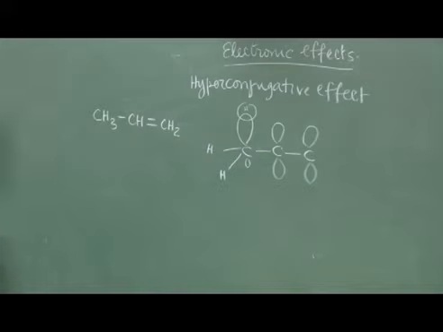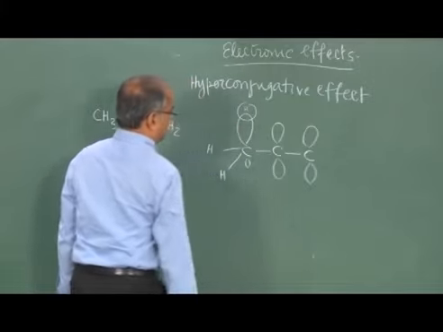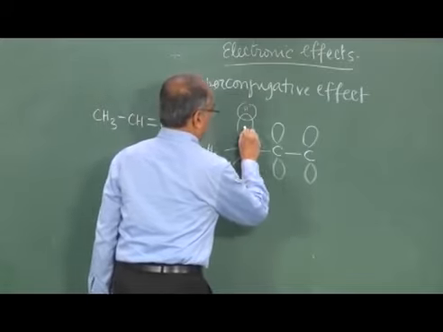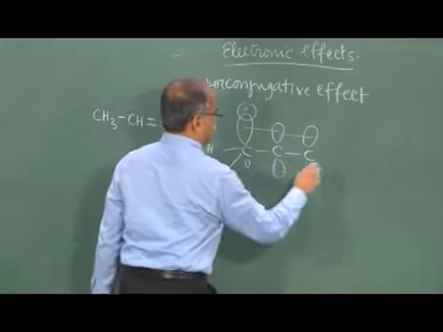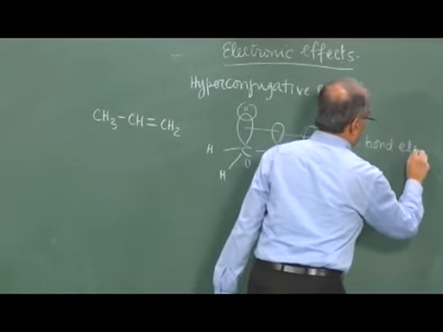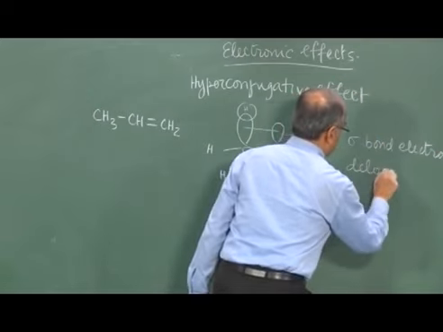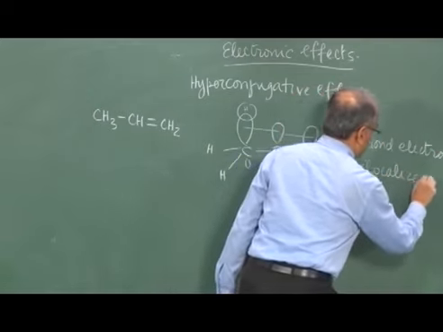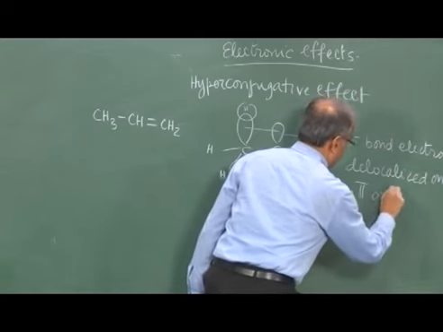A propene molecule is what we are referring to as the system here. If these three orbitals come to coplanarity, then there is a possibility of delocalization of electron of the sigma bond onto the pi orbital.